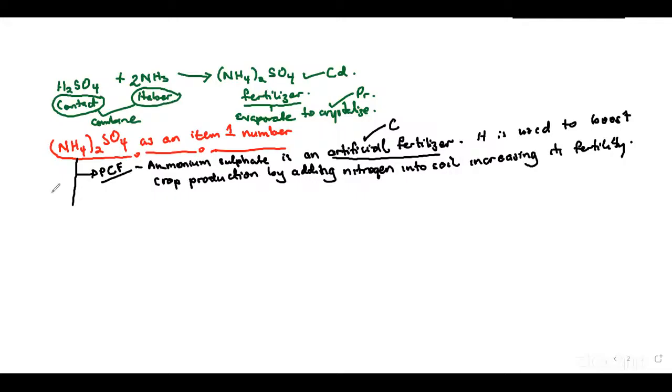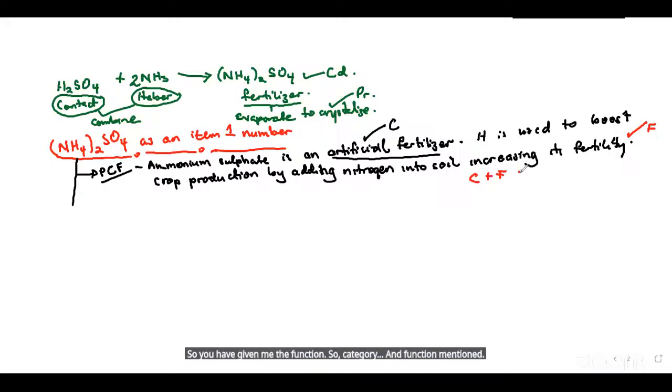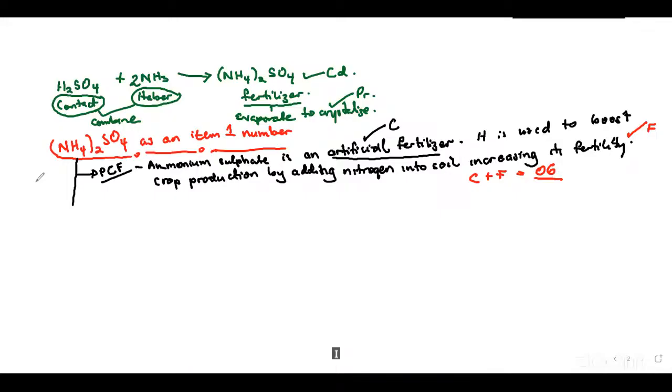I'll give you another tick here, so you have given me the function. So category and function mentioned will give you the 6 scores because you deserve them. The word fertilizer automatically represents the product. I may not consider that so much. I want to look at the other factor, the DEM.